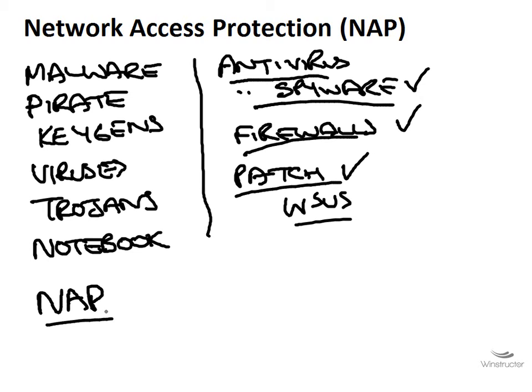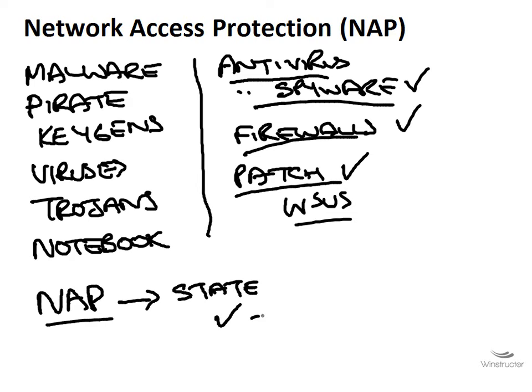So in other words, you could configure your health policy to only allow people to connect to your network if they have a firewall installed and it's active, if they've got anti-spyware protection installed and it's up to date, and if they have antivirus installed and that's up to date, and if they have the latest Windows updates installed as well.